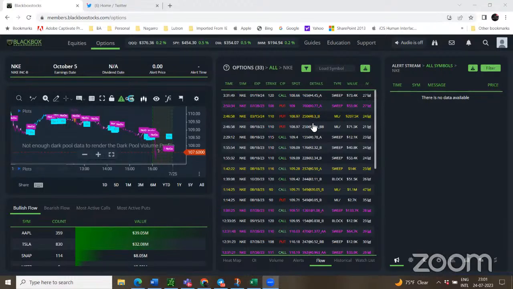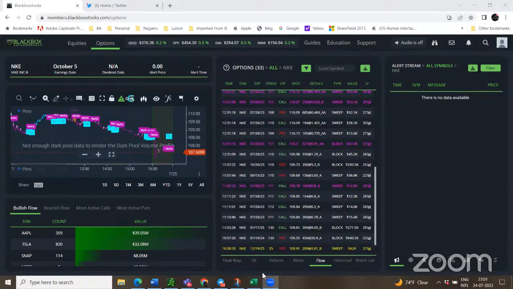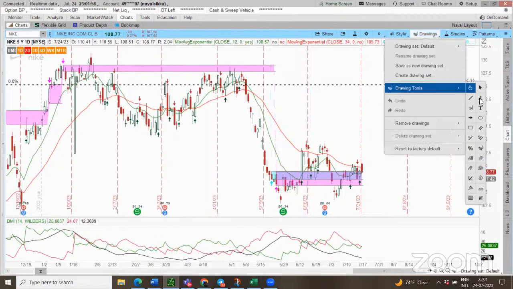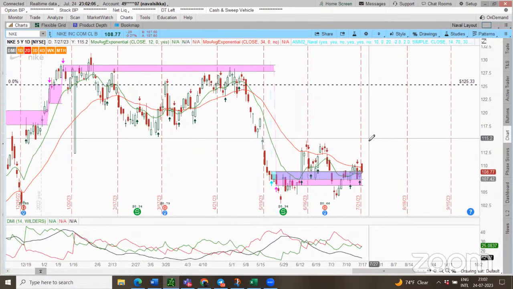That's really weird because they are sold and the stock is still going down. There's no dark pool, nothing. So let me just make some levels on Nike because we're trying to expect a bounce from here. So this was the top.